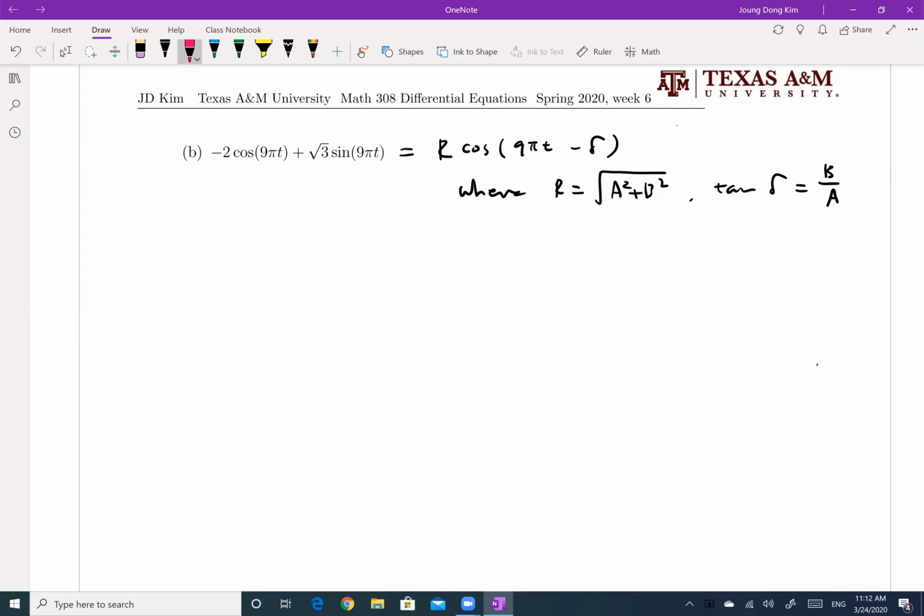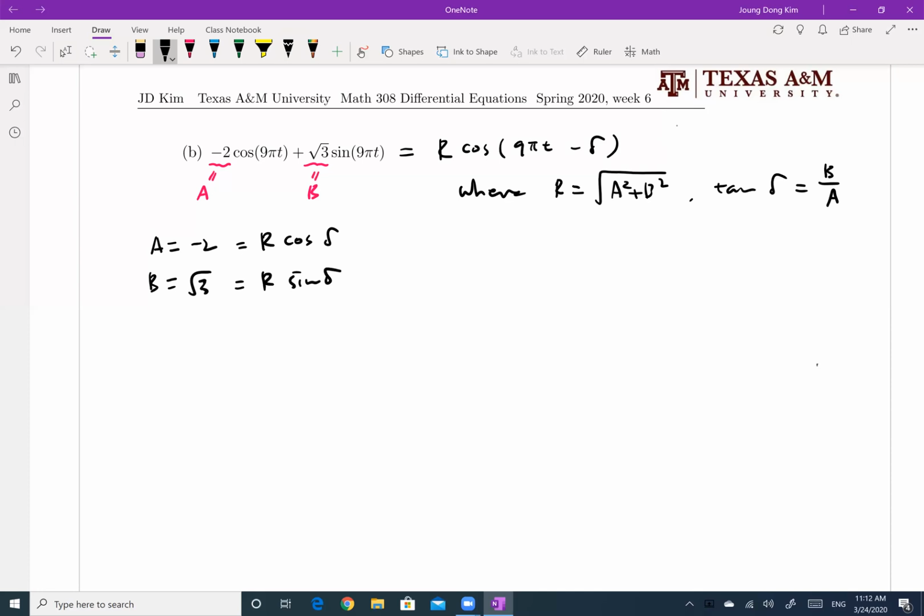So in this given problem, this is a and this is b, okay? Let me rewrite this. Your a is -2, which must be equal to r cosine delta, and your b is square root of 3, which is r sine delta.